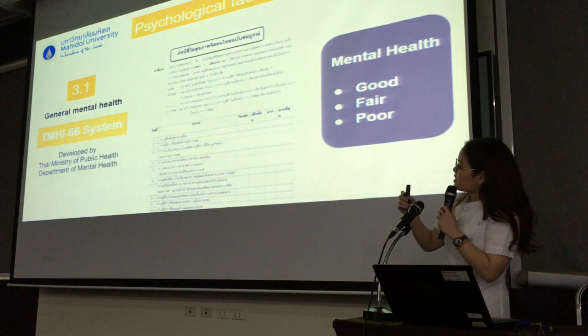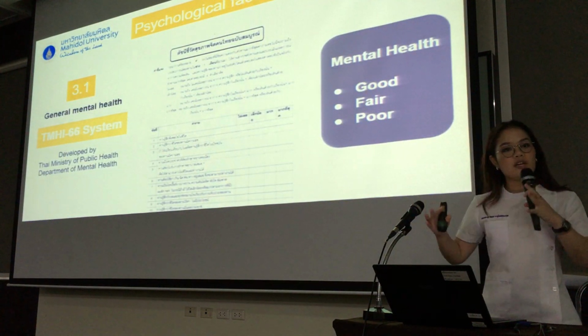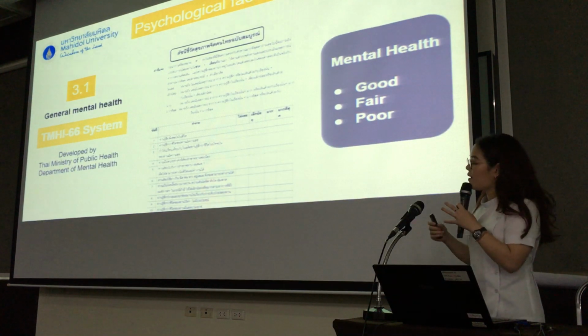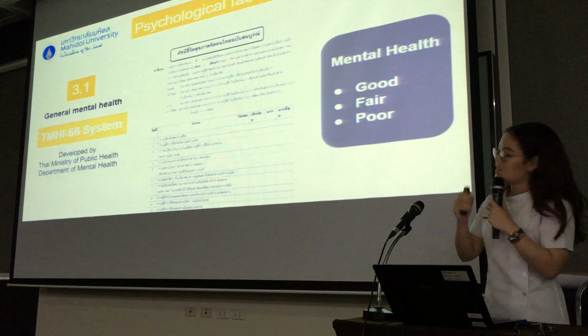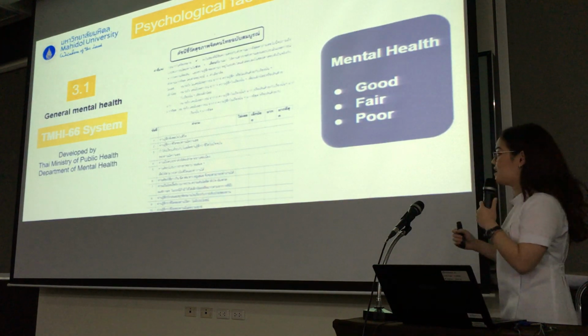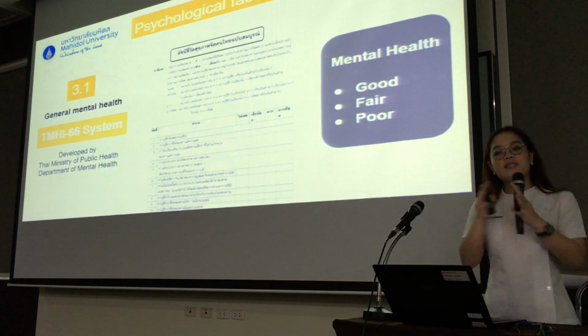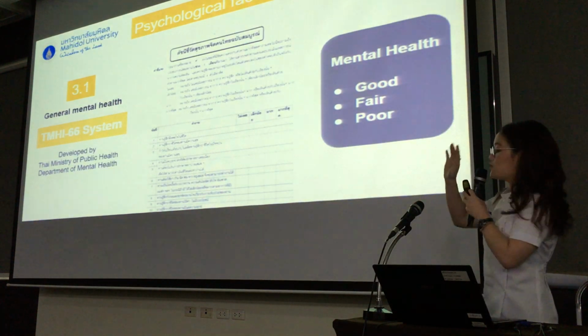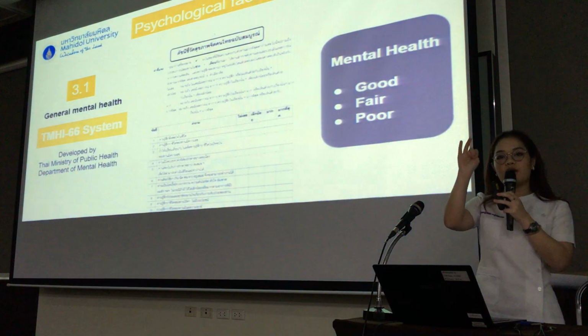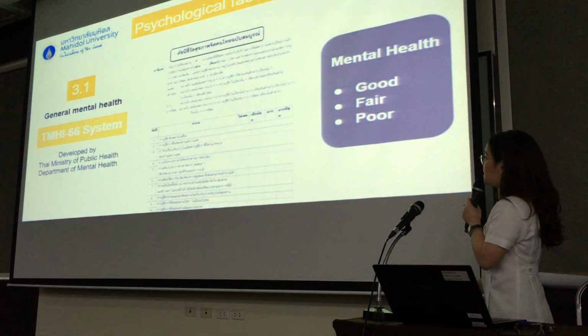For the psychological factors, the first one we used to assess general mental health was provided by the Thai Ministry of Public Health. It is called the Thai Mental Health Indicator, which assesses the patients and groups them into three classifications of mental health, good, fair, or poor, when compared to the general population.